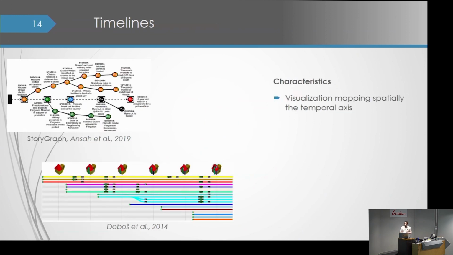The second type of visualization, which actually inspired our second contribution, is timelines. Basically, timelines try to map the temporal information on a single axis in space. Most often it's a linear axis, as in these two examples, with different branches, different ways to display the information depending on the use case.